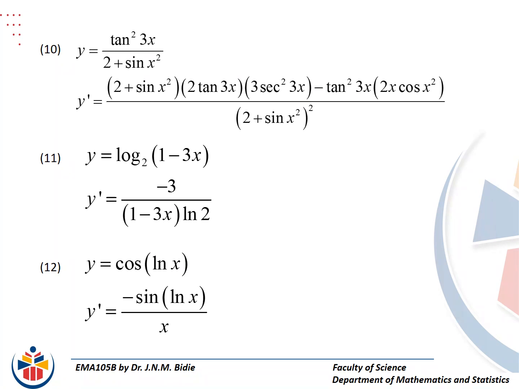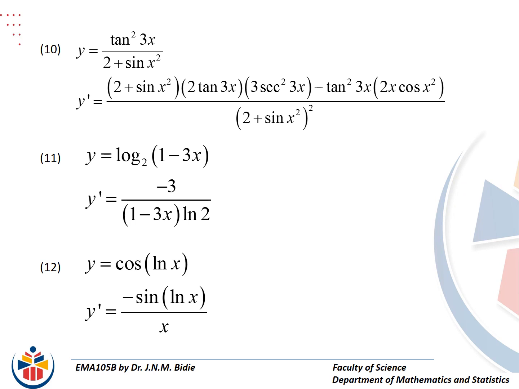Hence I've got 3 sec squared 3x, minus the numerator as it is, because this is a quotient rule, into the derivative of the denominator. Note that the derivative of 2 is 0.